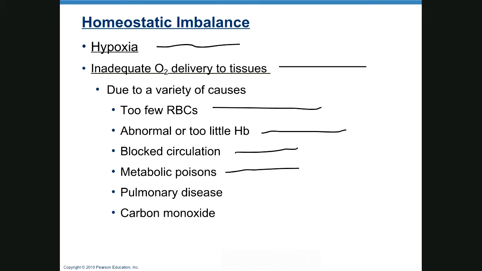Pulmonary disease prevents the exchange of oxygen. Carbon monoxide actually binds to the places on the hemoglobin where oxygen is supposed to bind, and it binds much more firmly than oxygen does. So a person with carbon monoxide poisoning will have to go in a hyperbaric chamber if they are to survive.